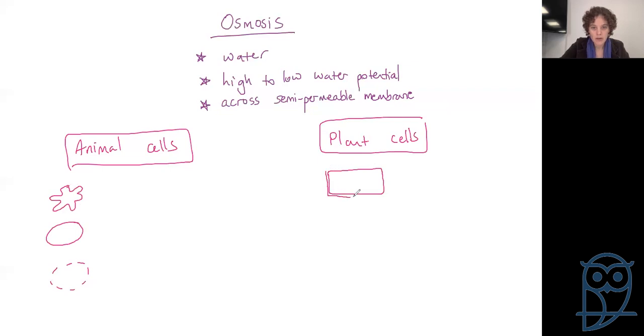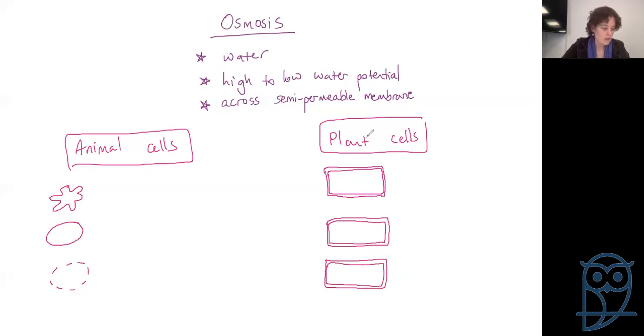Remember, whenever you draw a plant cell, it has a double cell outside edge to indicate that cell wall. So even when you're scribbling, be in the habit of drawing your plant cells with 2 lines, wall and membrane, whereas your animal cells just have the 1 line for the membrane.